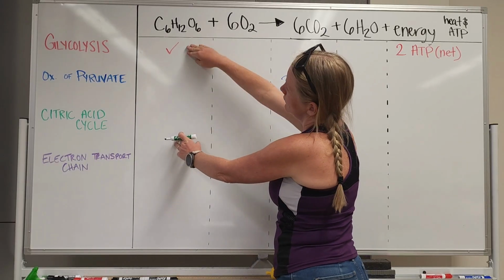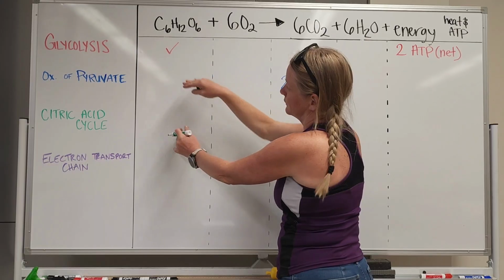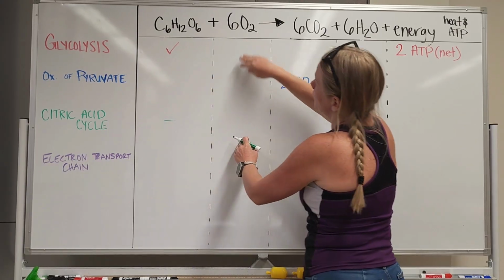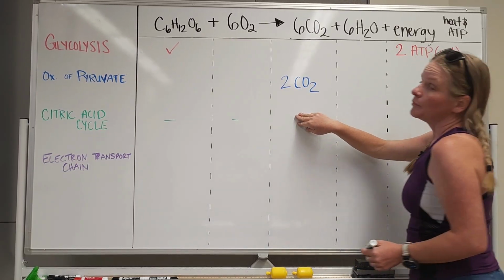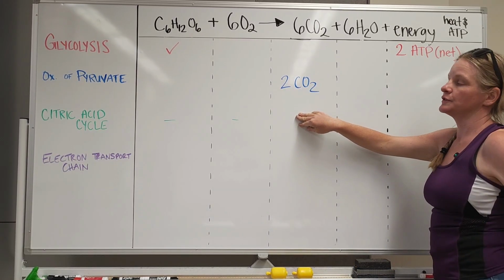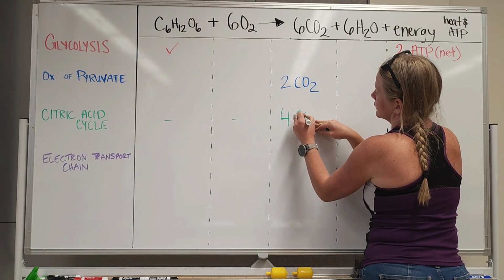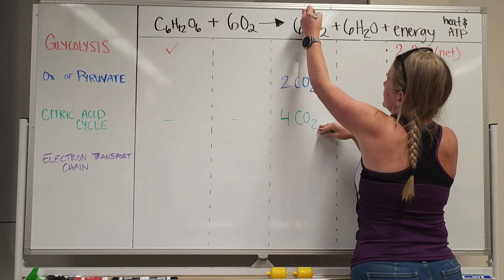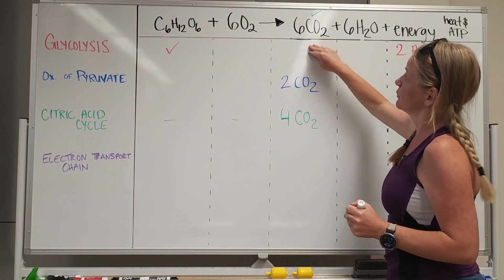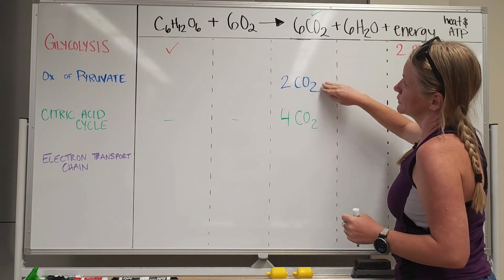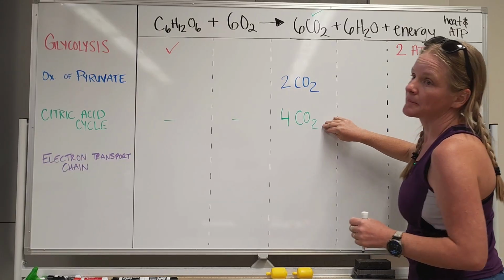We used our only glucose molecule way back during glycolysis, so we don't have to mark anything here. We still haven't used our oxygen yet, but remembering that we do the citric acid cycle twice, we have produced the 4 remaining carbon dioxide. So we've actually completed and produced all of the carbon dioxide that we're going to produce during cell respiration as a result of the oxidation of pyruvate and the citric acid cycle.